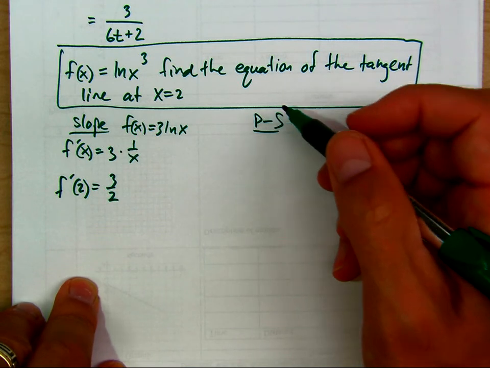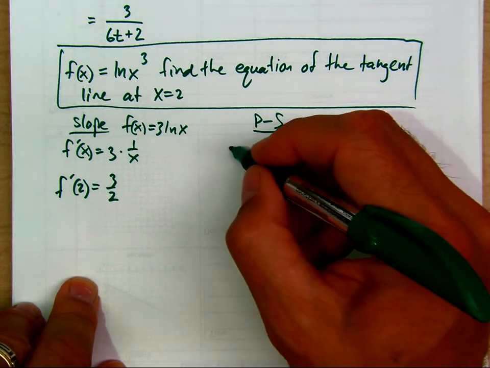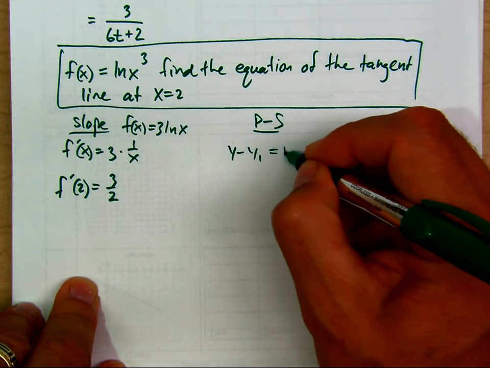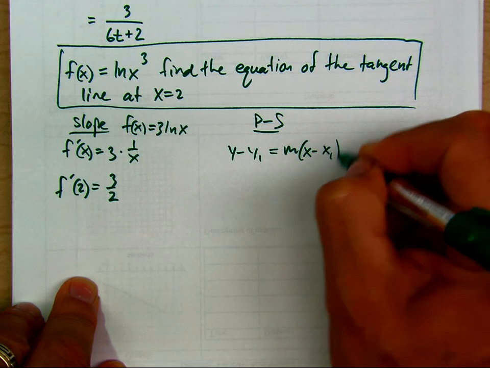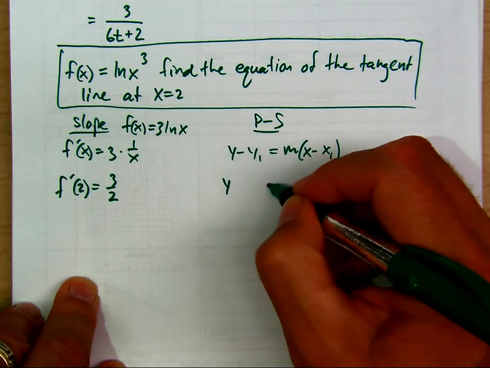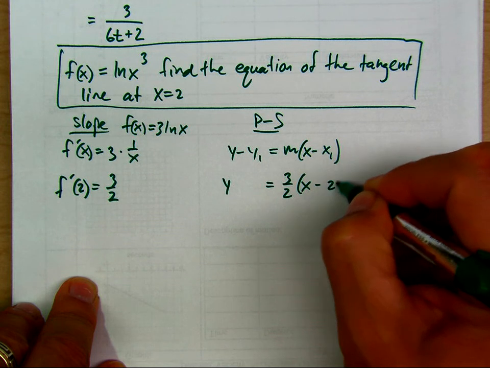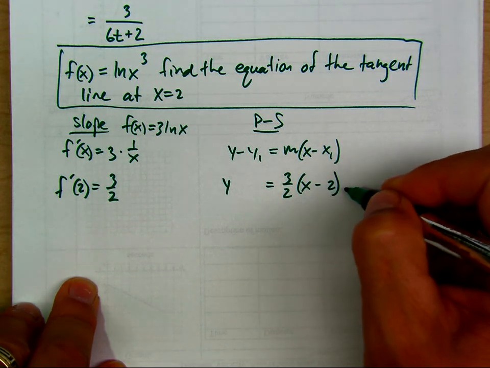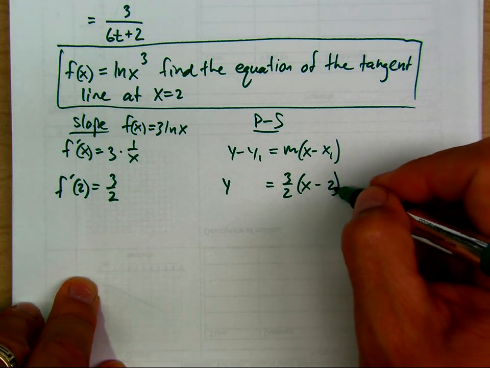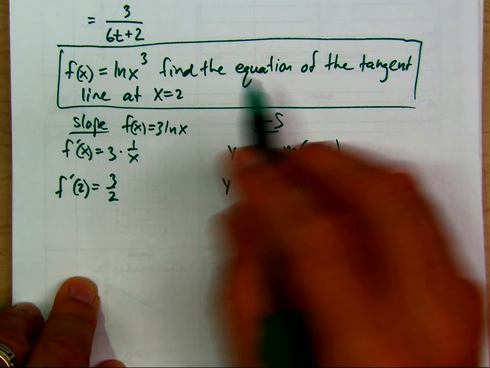And then we do point slope. We know the slope. We know an x value. And then we need the y value at 2. That means put a 2 right there.